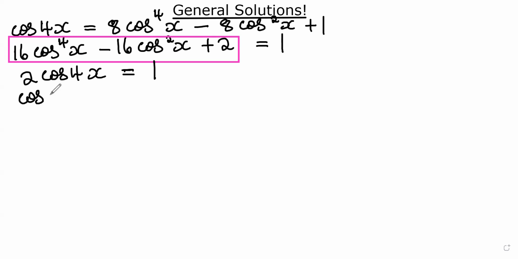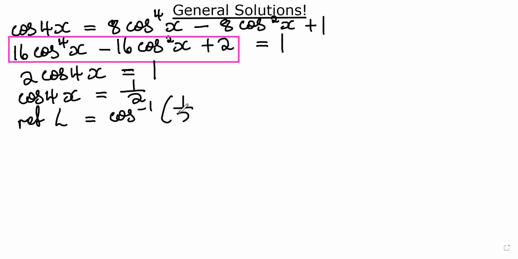So this means the cosine of 4x is supposed to be 1/2. And now we can find the reference angle. So we say, well, the reference angle is going to be the arc cosine of 1/2. And this is just going to give me 60 degrees.